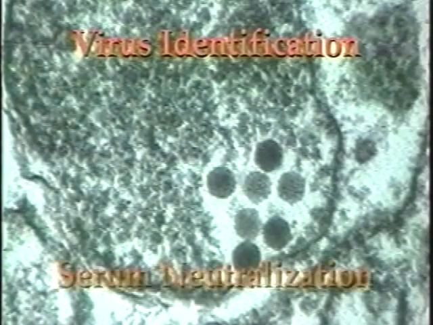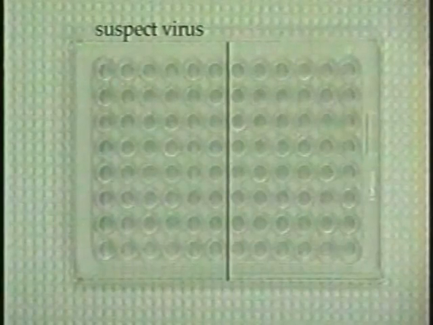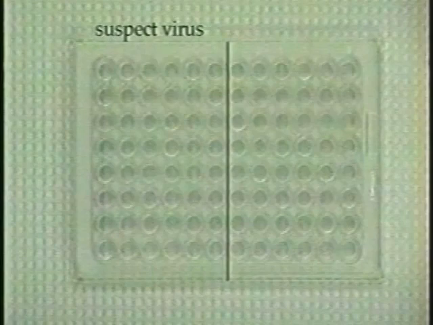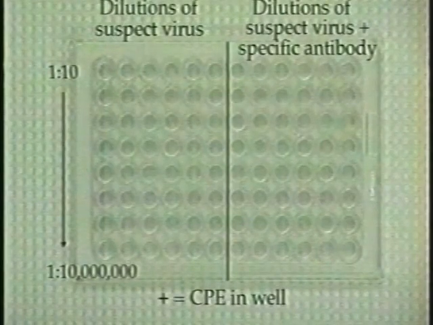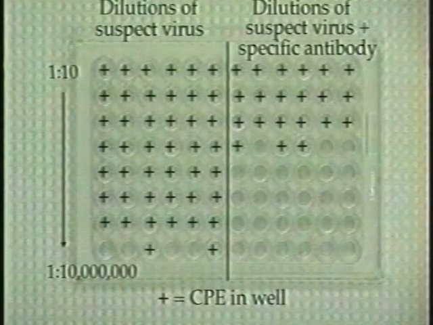One of the most widely accepted confirmatory assays is a serum neutralization test. In this assay, a dilution of the virus isolated from the sample is incubated with an antibody against a specific presumptive virus. It is then inoculated back onto fresh cells and observed for development of cytopathic effect.